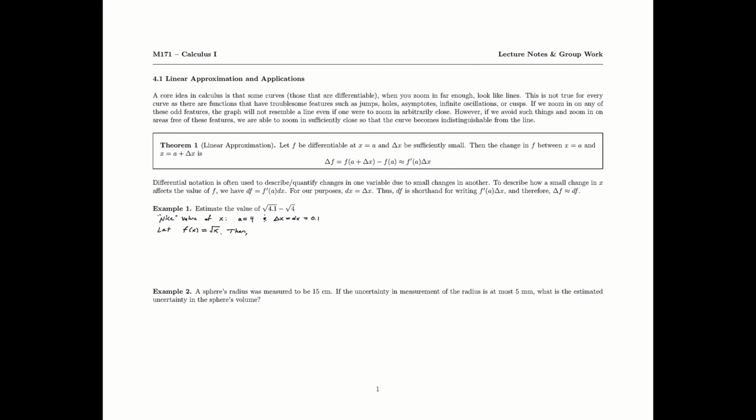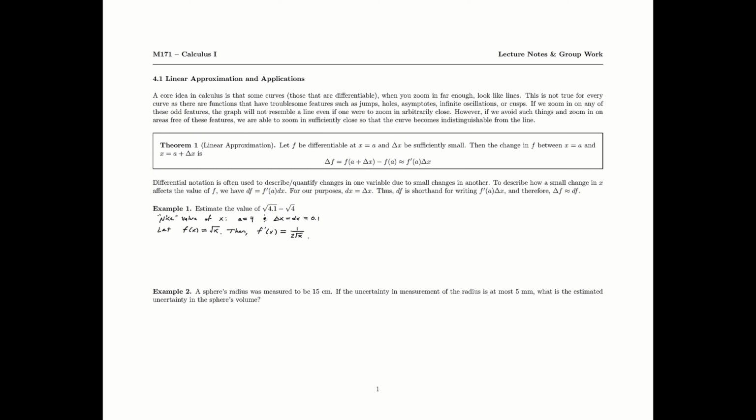Then, if we're going to use this formula, this result from the theorem, we want to fill it all in, so we need to know the derivative of f. So then f prime of x is 1 over 2 times the square root of x.